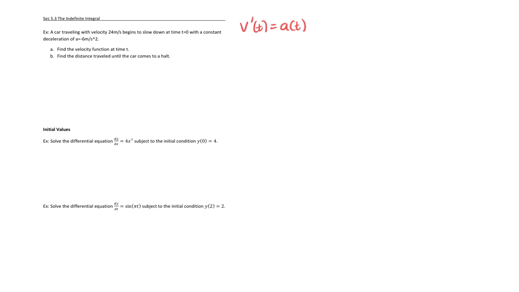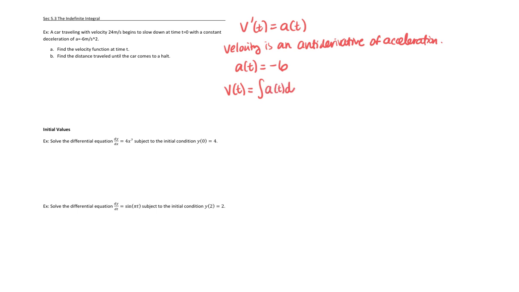In other words, velocity is an antiderivative of acceleration. So if I know that my acceleration is equal to -6, then my velocity function should be an antiderivative of that, which would be -6t plus c.